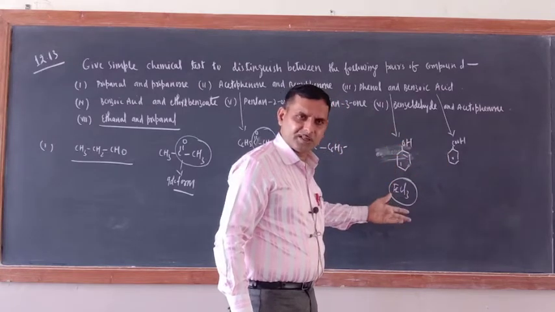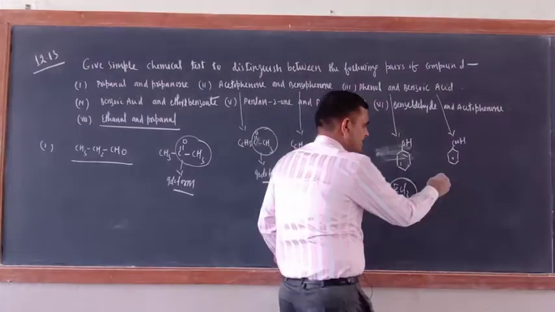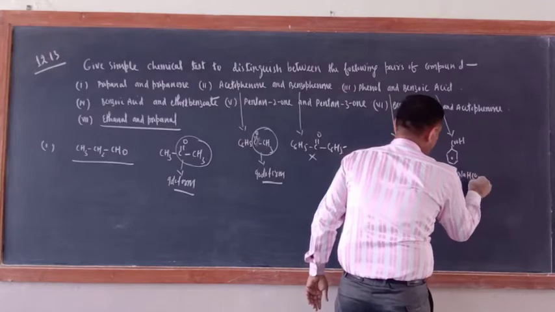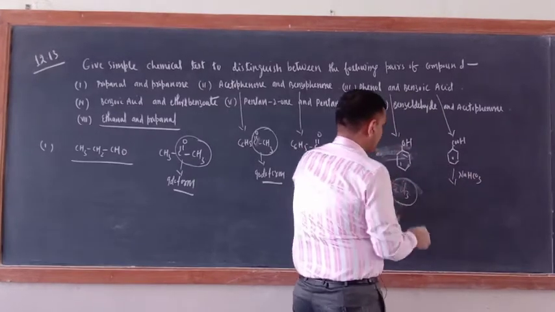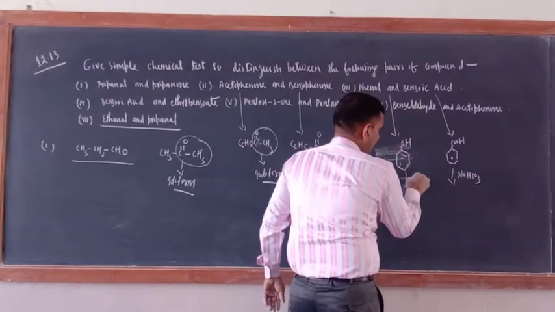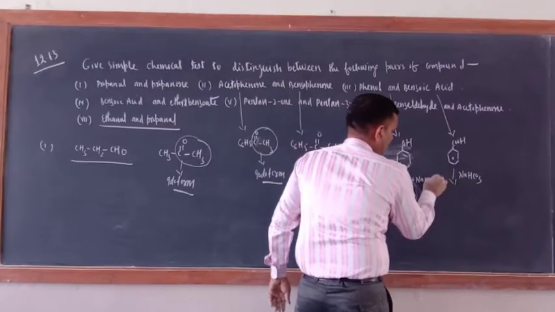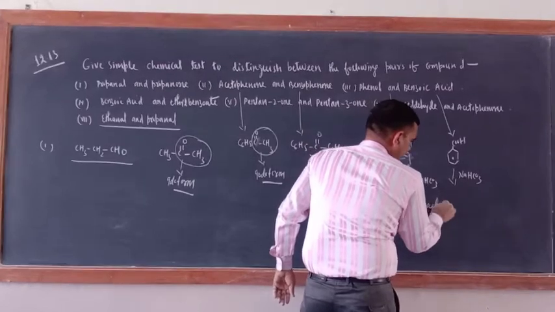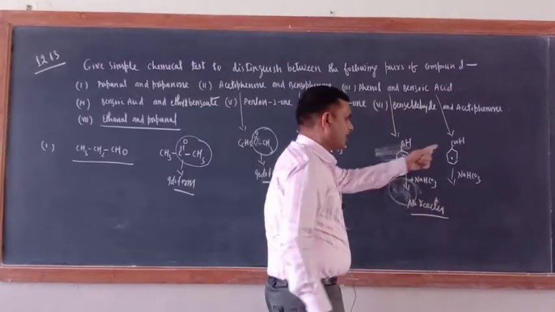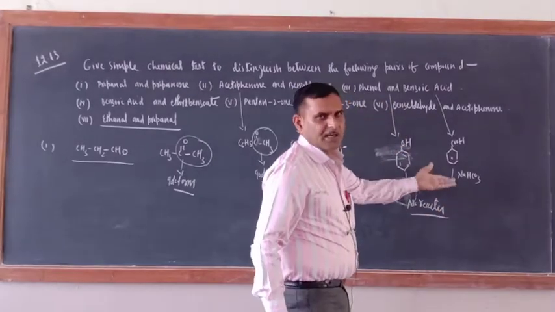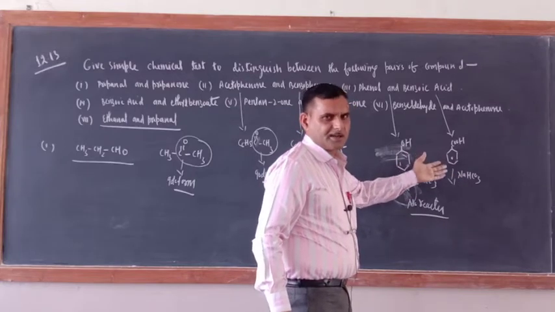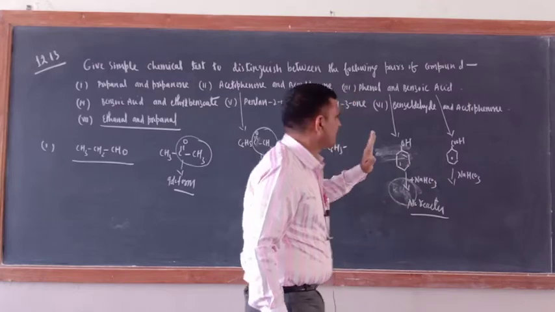This will react with NaHCO3, and phenol will not give. Here plus NaHCO3, no reaction. Correct or not? Here you have to write the complete reaction. This is a better reaction. Here no reaction, here reaction is there. FeCl3 is also one of the tests.